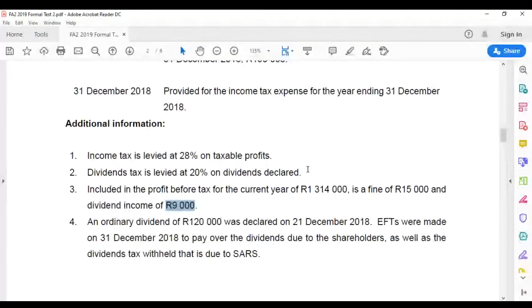So, ladies and gentlemen, yes, before we even receive that dividend, the company that declared the dividend, where we receive it from, they would have withheld the tax portion, that 20%. They would have withheld it and paid that over on our behalf to the revenue service. So we are just getting the 80%, if you know what I'm referring to. So we're just getting the net amount. So that 9,000 has already been subject to a kind of tax, which is dividends tax.